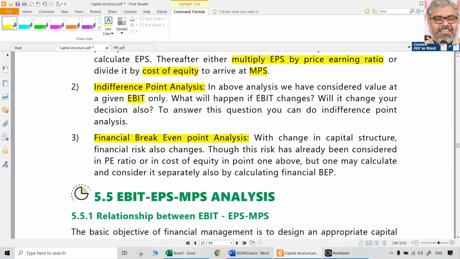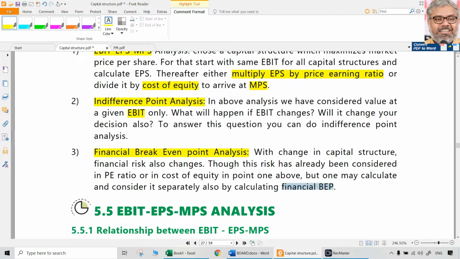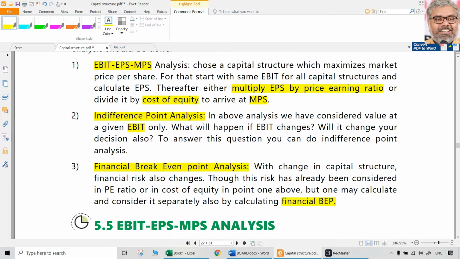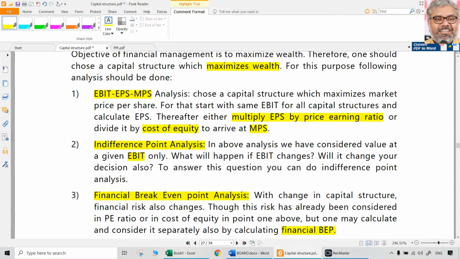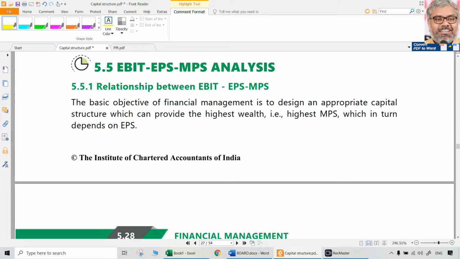Normally, break-even point means the coverage of fixed costs, but here the financial break-even point includes majorly the financial fixed cost, that is interest. So these three analyses, EBIT, EPS, MPS analysis, indifference point analysis, and financial break-even point analysis, will lead us to an optimal capital structure. First, let us start with EBIT, EPS, MPS analysis, which is an important model of questions.